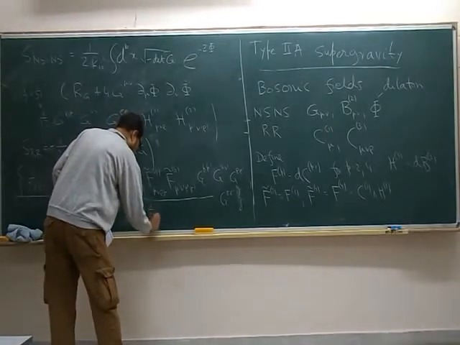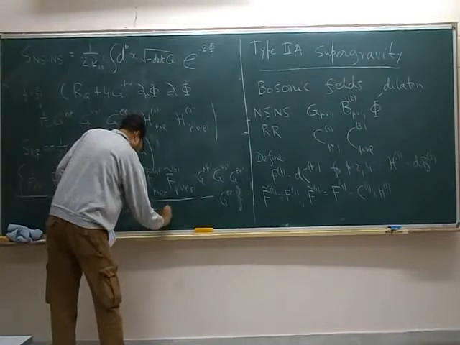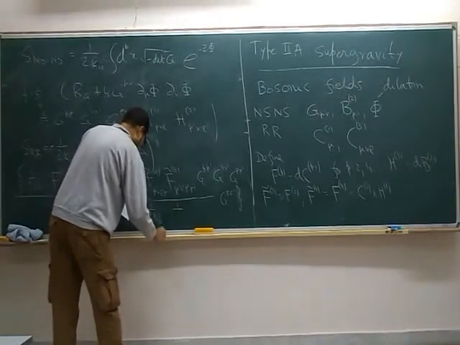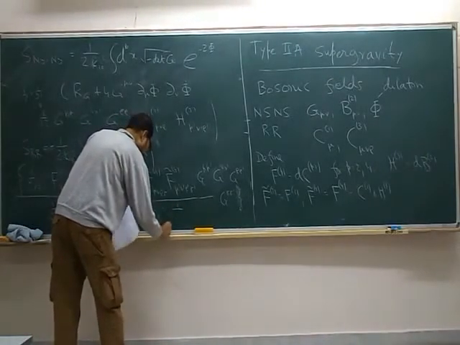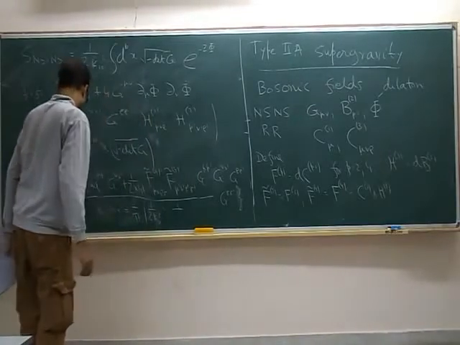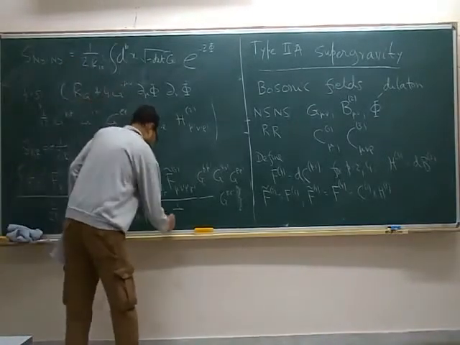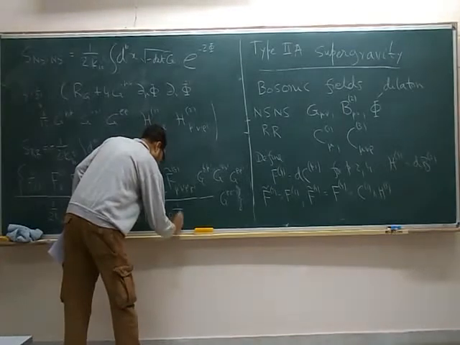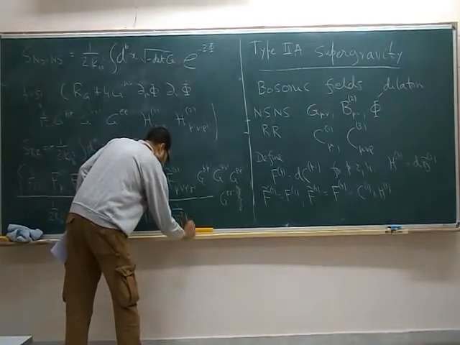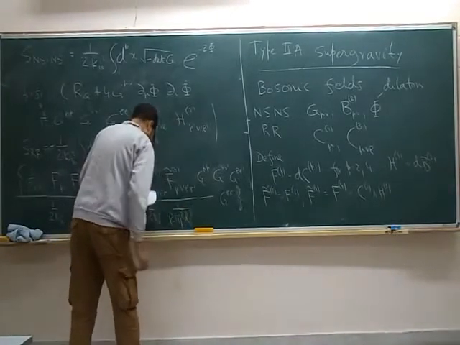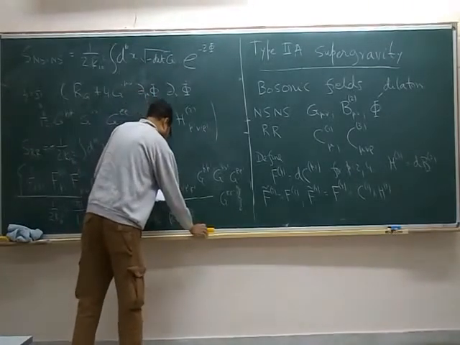So 1 over 2 kappa 10 squared is 1 over 2 pi to the power 7 ls to the power 8 alpha prime.